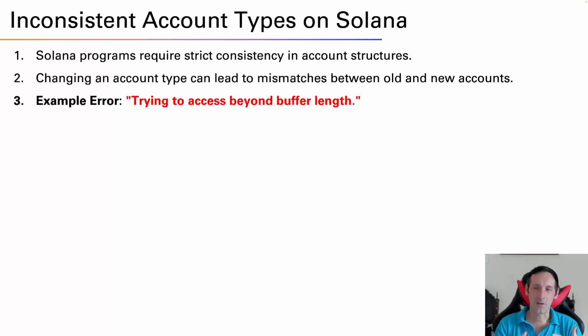Adding new fields to an account can cause errors when old accounts still use the outdated structure. This can result in runtime errors like the one that I have there in red, which is basically trying to access beyond buffer length when you're trying to fetch accounts. And this is an error that I found while I was testing in the Solana playground.